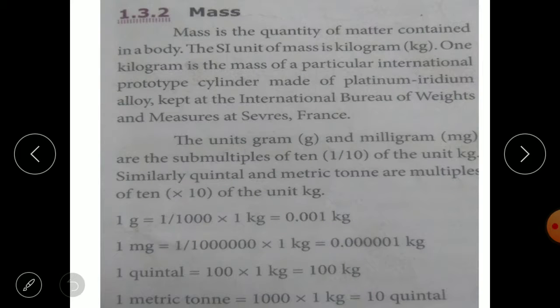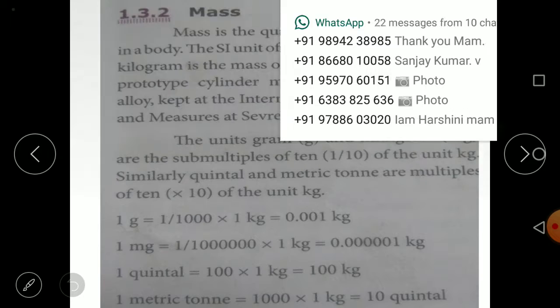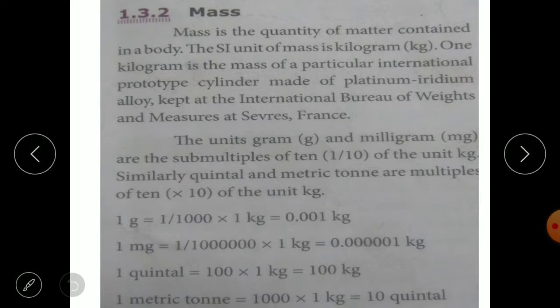And then another fundamental unit is mass. Mass means the quantity of matter a body contains. So a body has a quantity that is measured by mass. Its SI unit is kilogram.